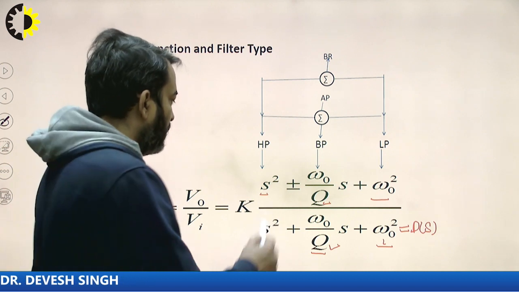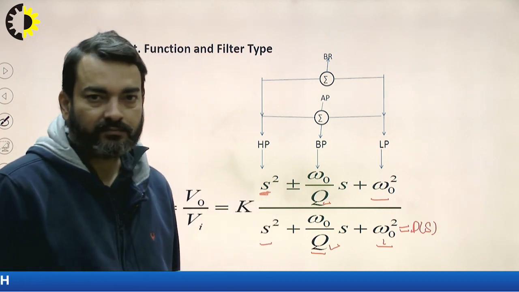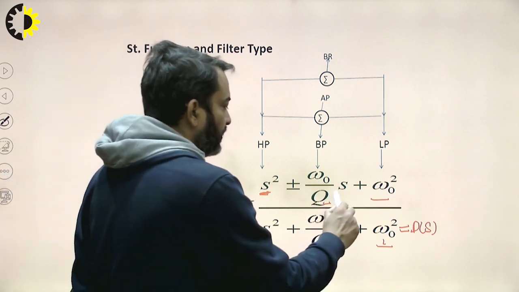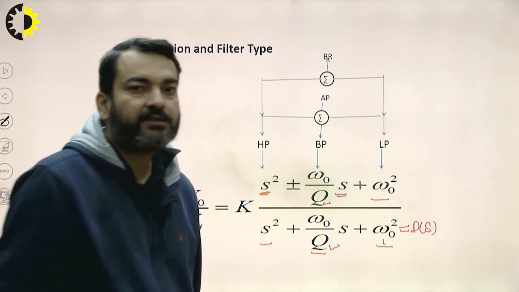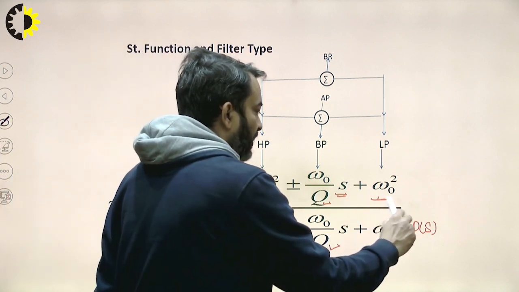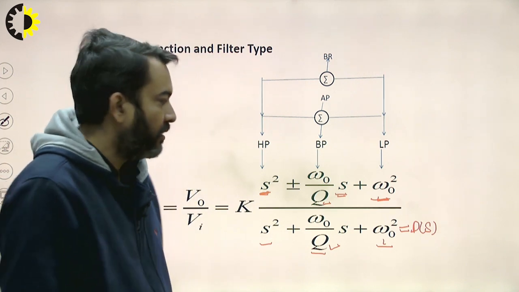So suppose only the s square term is present, then this will be high pass. If only the s term is present, then this will be band pass. If no s term is present in the numerator, we will say it is low pass.